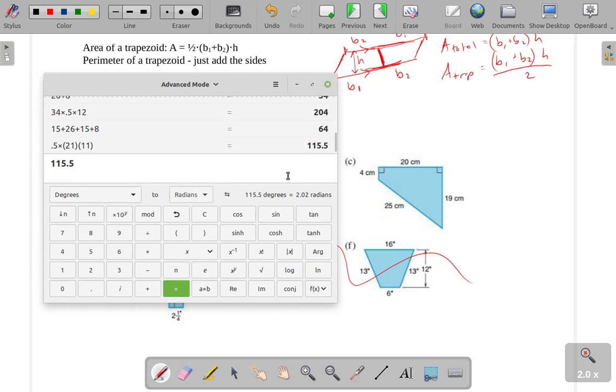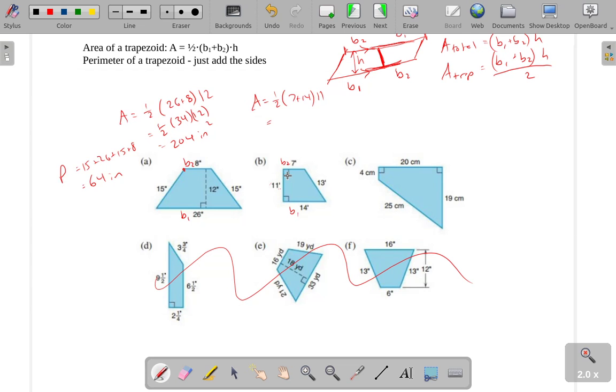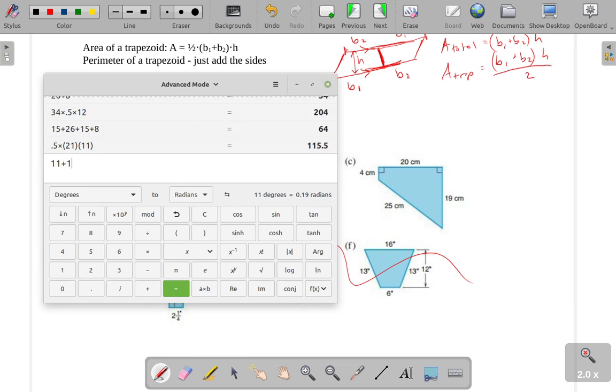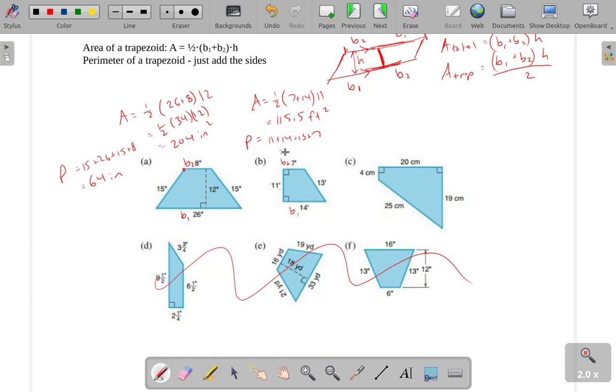This comes out as 115.5. Those were all in feet, so this will be 115.5 square feet. For my perimeter, I'll add the four side lengths together, 11 plus 14 plus 13 plus 7, which gives me 45. The perimeter there is 45 feet.